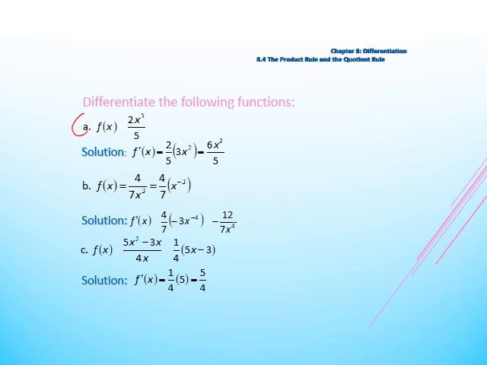In part A, we have f of x equal to 2x to the power 3 over 5. We take 2 over 5 as a constant and get the derivative. Note that the differentiation of f of x can be written as f dash of x, which means the derivative of this function, or maybe d over dx.